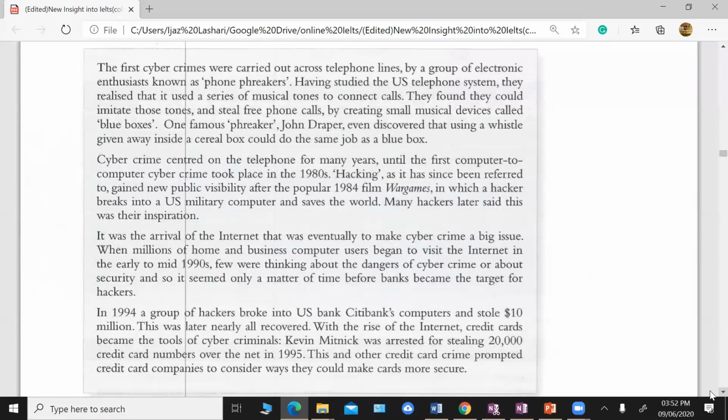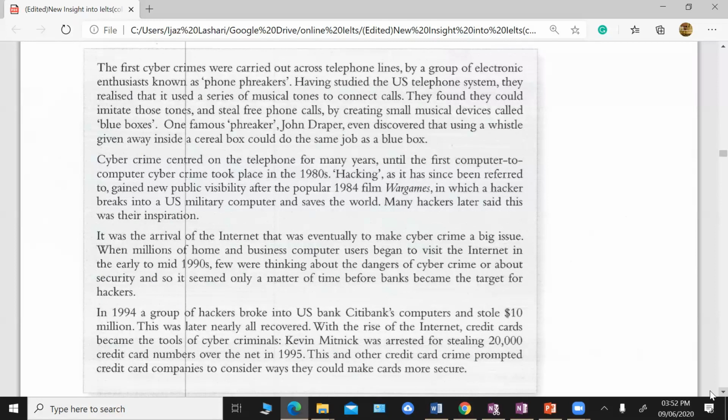Having studied the US telephone system, they realized that it used a series of musical tones to connect calls. They found that they could imitate those tones and steal free phone calls by creating small musical devices called blue boxes.